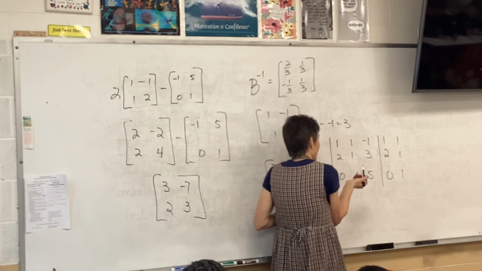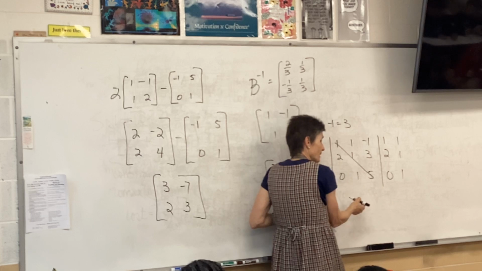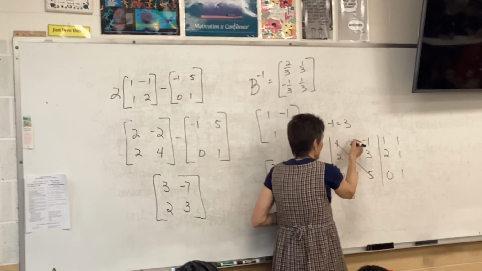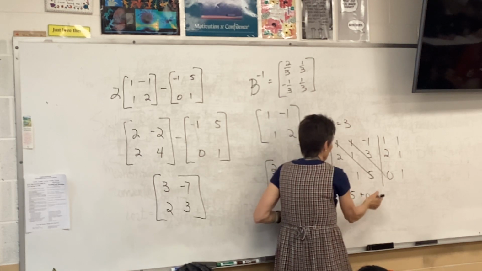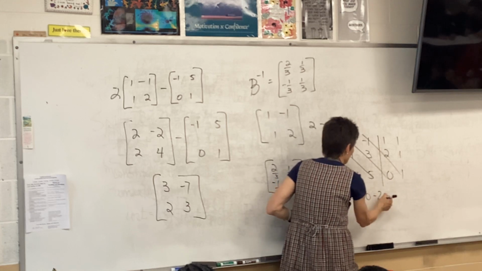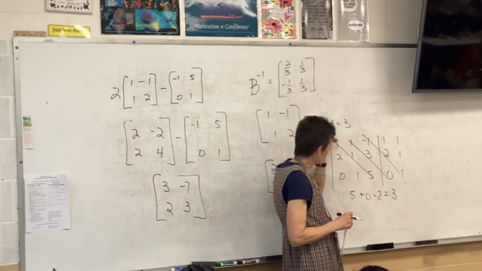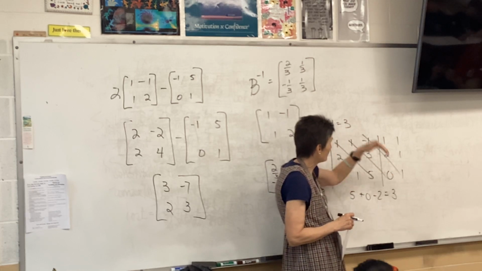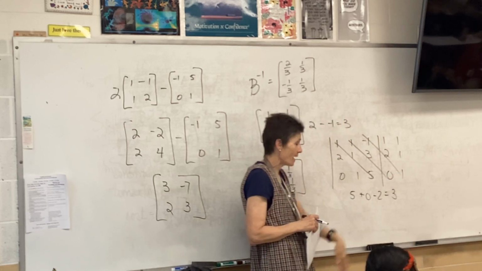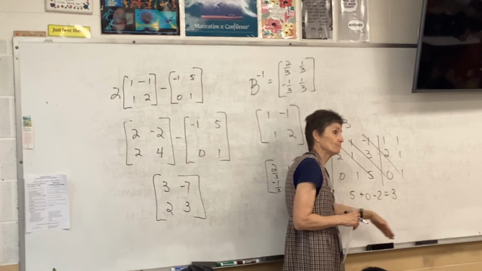Okay, now we multiply these together and get 5, 0, -2. So the total of these diagonals, remember you multiply, multiply, multiply, add, I got 3.